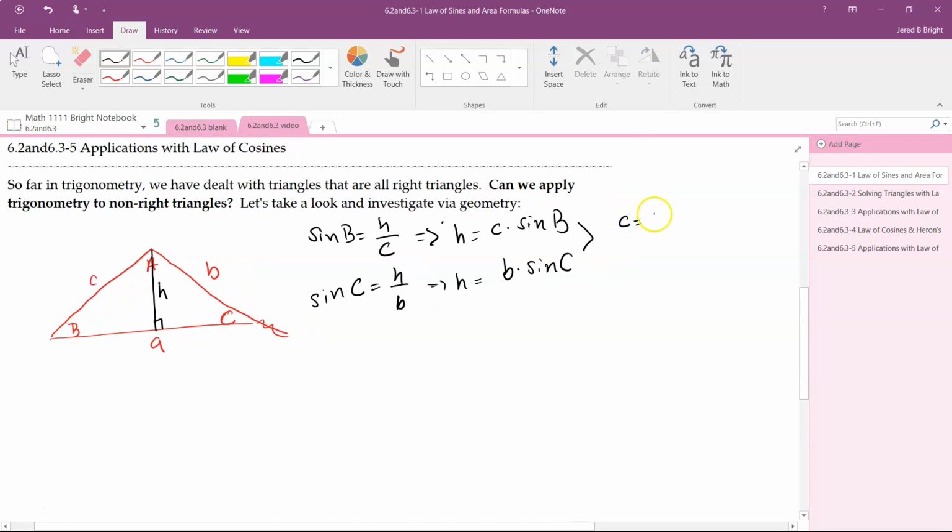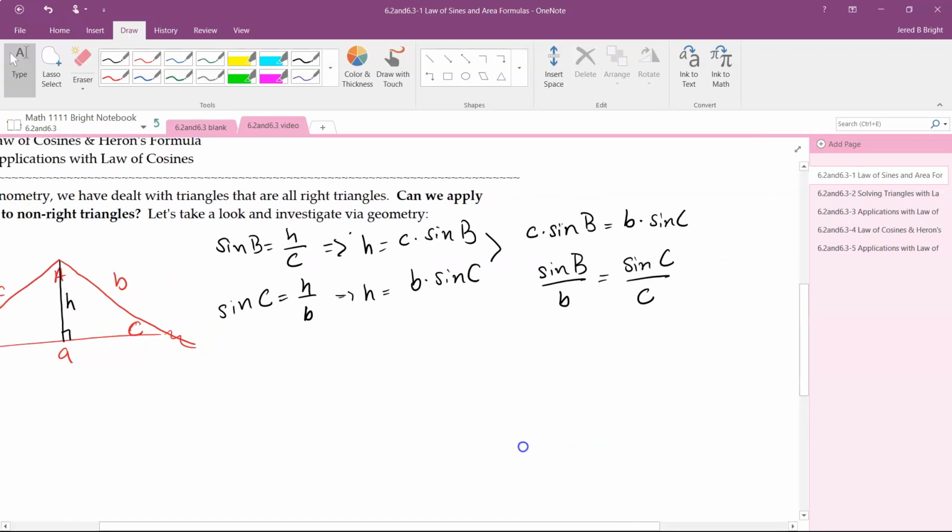So c times sine of B is equal to b times sine of C, and then rearranging this, I can say that sine of B over little b is equal to sine of C over little c. What this is saying is that the ratio of the sine of an angle to its corresponding side length is the same regardless of angle and side.